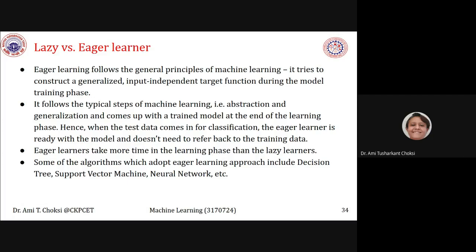The name itself suggests lazy and eager. People who are eager read more, search more, try to learn more. Some of the algorithms which adopt the eager learning approach include decision tree, support vector machine, neural network, etc.